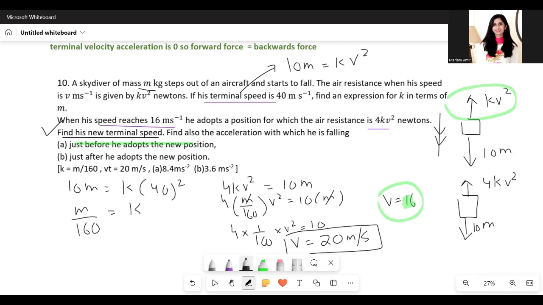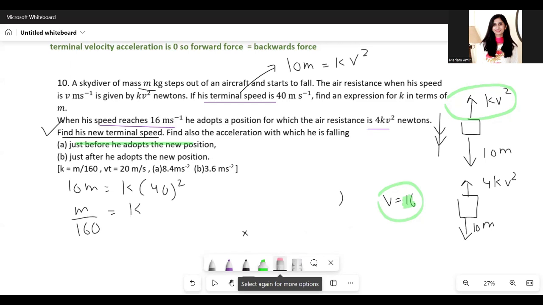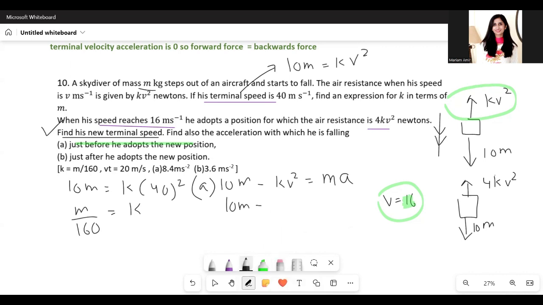Okay, so we need the acceleration just before he adopts the new position. That would be forward force, which is 10m, minus backward force, which is kv squared, equals m times a. So 10m minus m upon 160, that is the expression for k, times v squared, which is 16 squared, equals m times a.